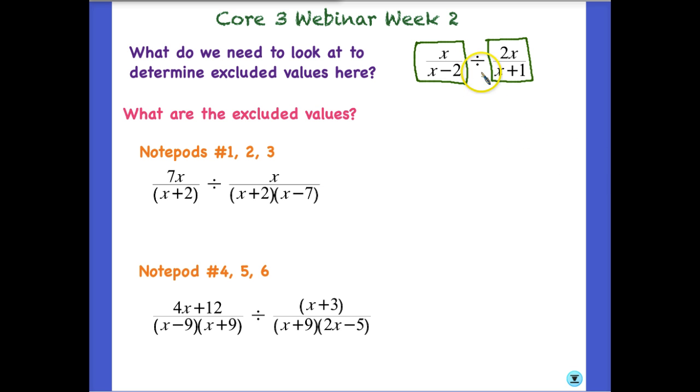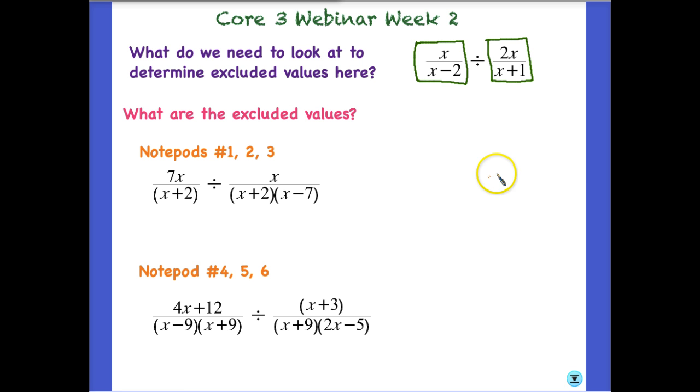So when you think about it, that's still one fraction divided by another fraction. So this other fraction down here, which was the 2x over x plus 1, this whole thing cannot equal 0, right? So it makes it a little bit complicated because you have to find a lot of different excluded values here.